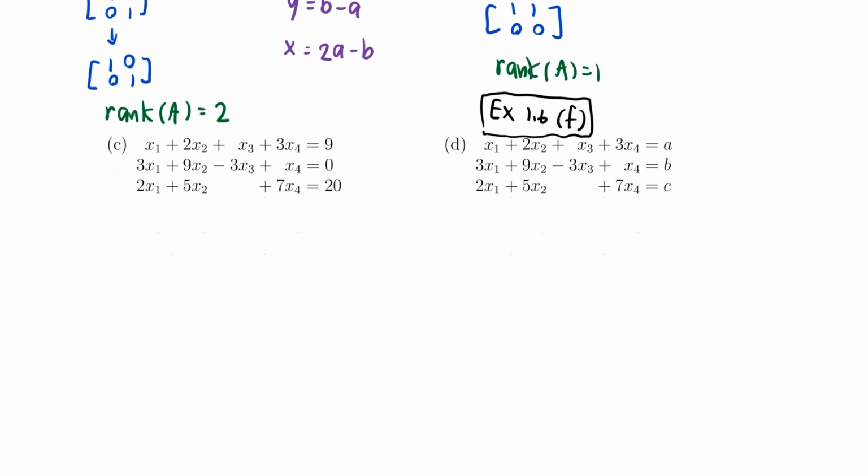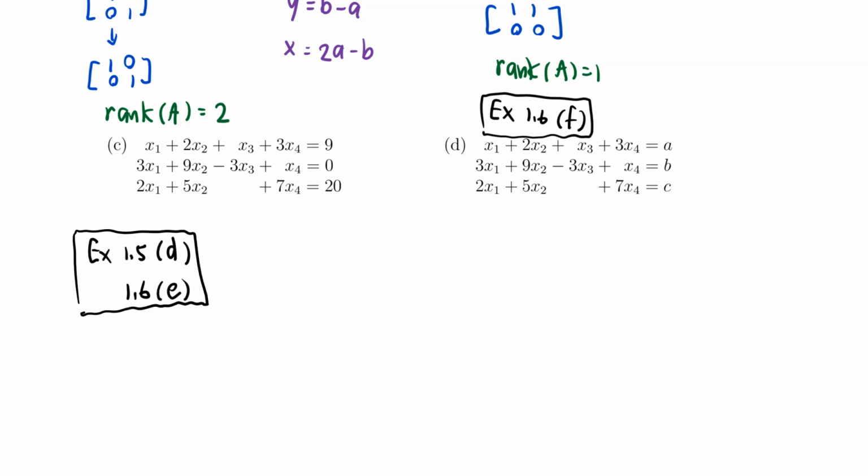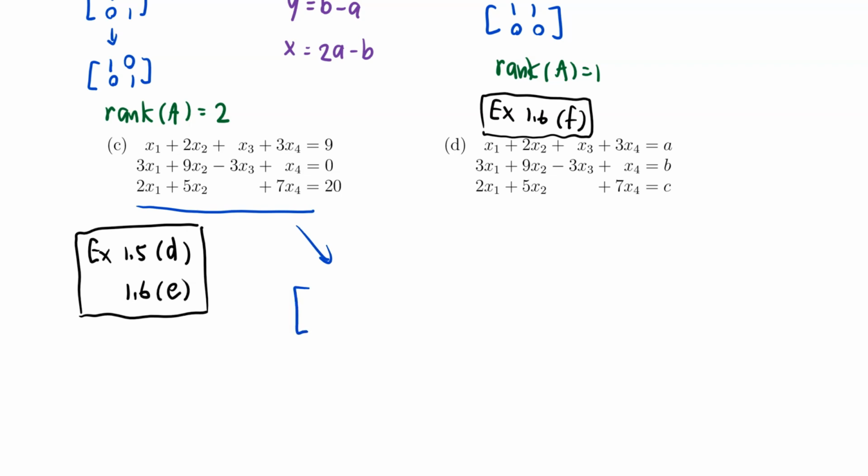Now if I look at part C, we actually did this earlier. It was in example 1.5 part D, and also in 1.6 part E. However, what really happened here is that if I were to extract the matrix A, I'm going to have 1, 2, 1, 3, and then 3, 9, negative 3, 1, and then 2, 5, 0, 7.